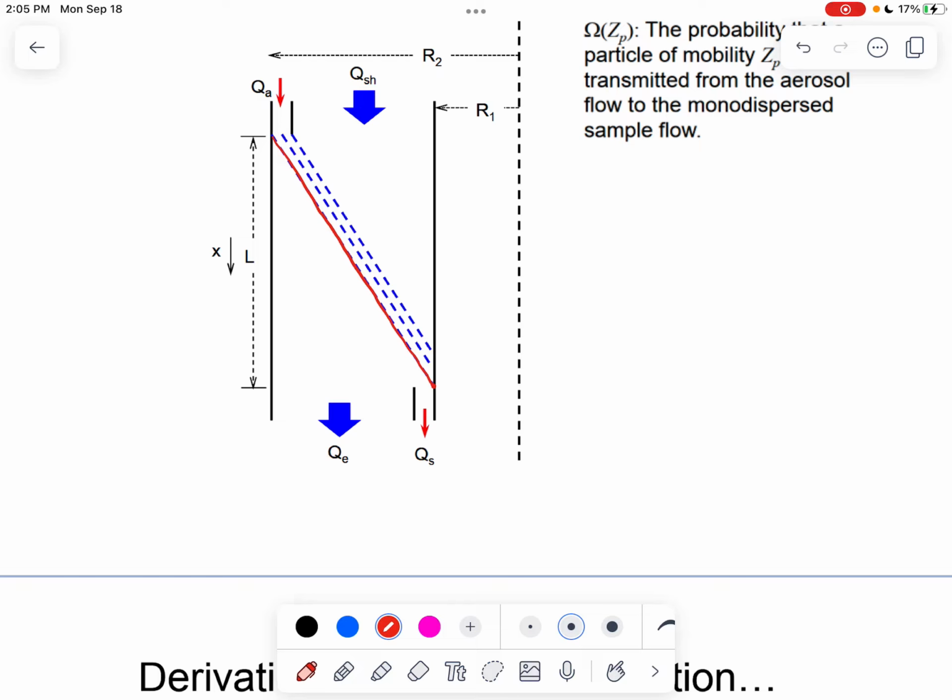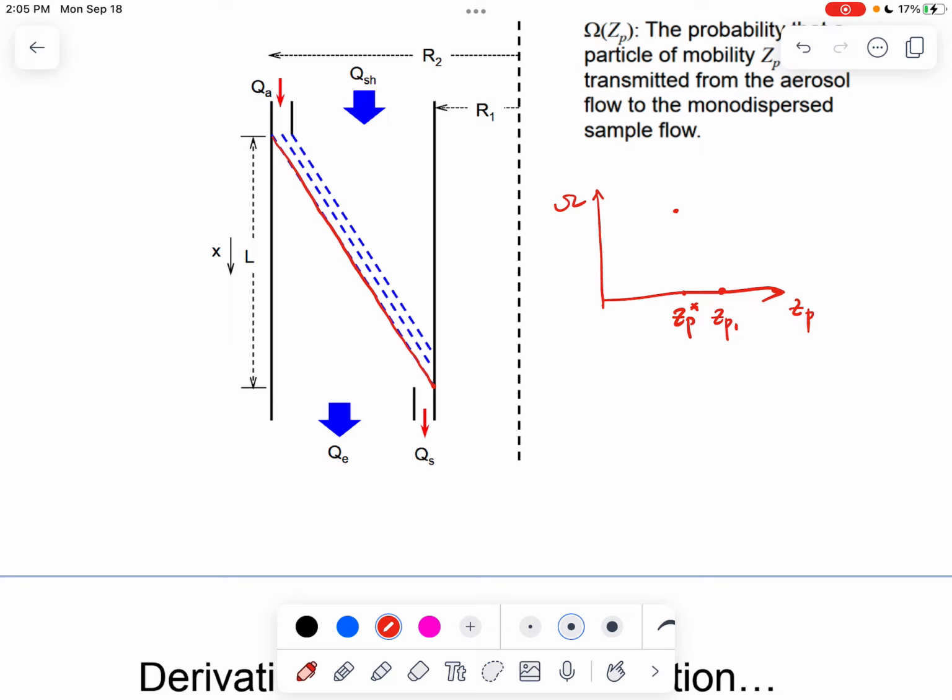Because it enters along the outer wall of the inlet and then gets sampled by the inner wall of the inlet, right? So then you can imagine if we try to plot it in the transfer function again, omega, right, ZP. Again, you have the ZP star in the center. And then there's going to be some specific electrical mobility. And starting from that electrical mobility, right, everything is 0 downwards, right? So we can call this as ZP1.